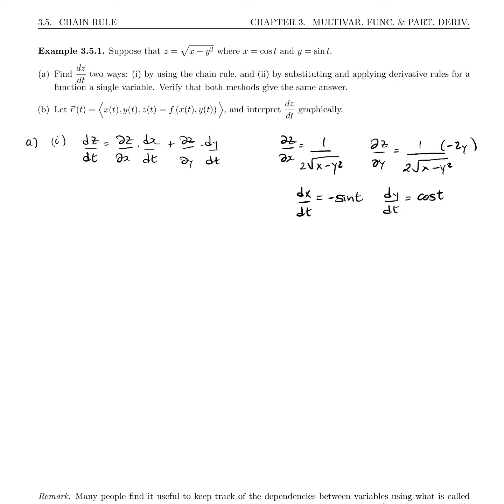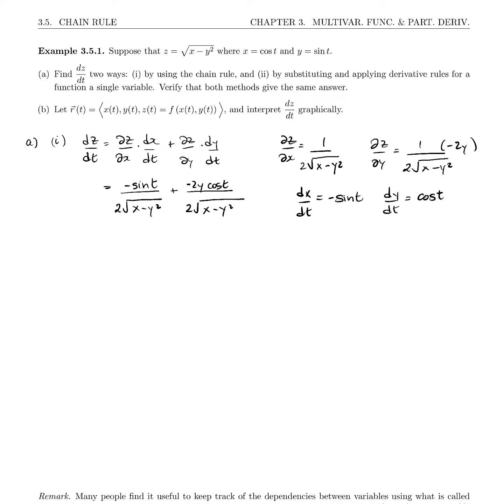Plugging these back in, we get del z del x, so 1 over 2 the root of x minus y squared times dx dt, so I'm going to put the minus sine t in the numerator, plus we have here del z del y, so minus 2y over 2 the square root of x minus y squared times dy dt, so times cos of t, which I'll put in the numerator as well.